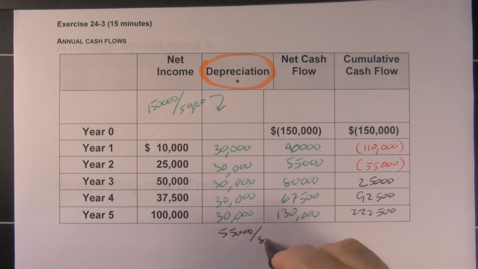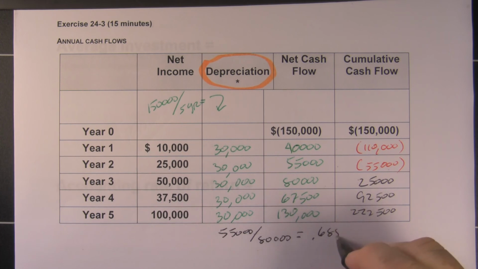We earned a total of $80,000. So that gives us the decimal 0.688. So 68% of the year, 69% of the year, 0.688 of the year was used to pay back the machine.